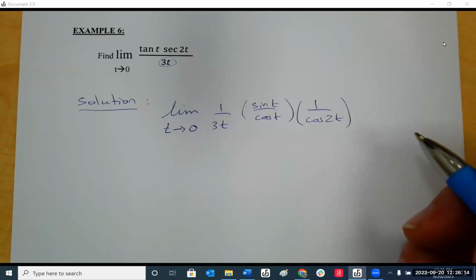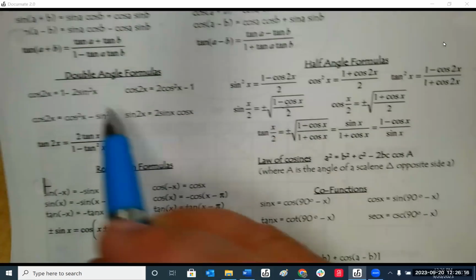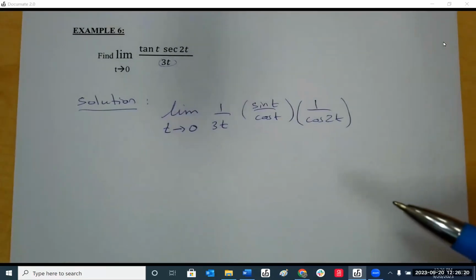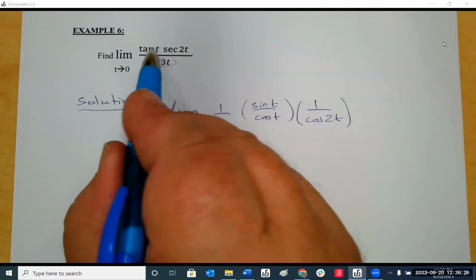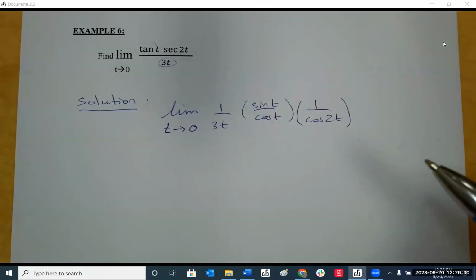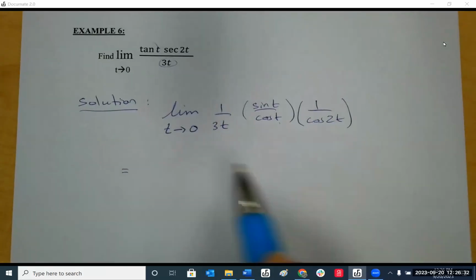Cosine's got a lot of them, so we don't have a shortage to try. All right. That's fine, right? That's tangent, right?